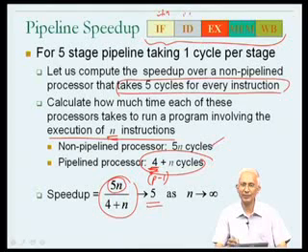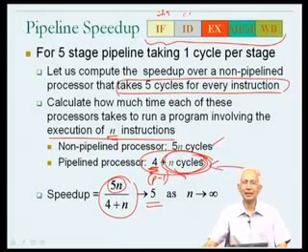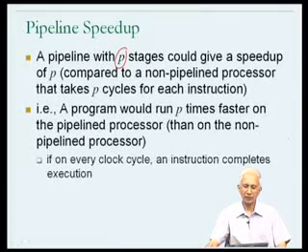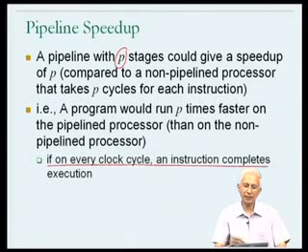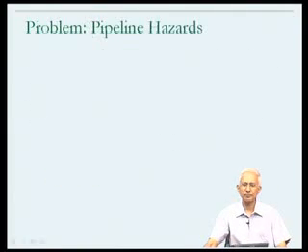For the P-stage pipeline, there will be a fill time of P minus 1. And then I was assuming that every cycle after that, an instruction could complete. So that's the caveat that I've written over here. So the speed up of P will result if on every clock cycle an instruction completes execution. And the question is whether this is going to be achievable in practice.